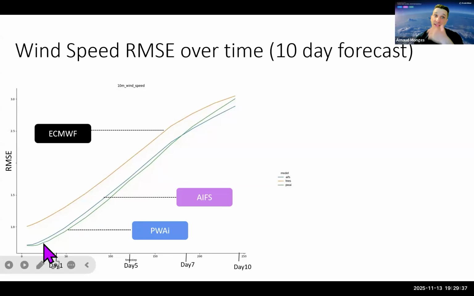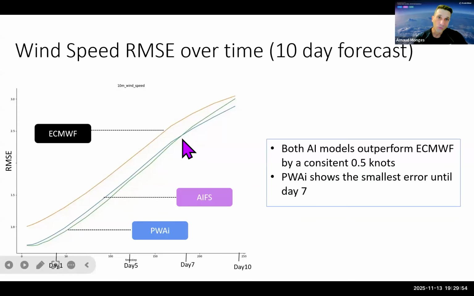So what we can find is those AI models, on average, all around the world, forecast the wind speed better. And if you look carefully, you will see also that the error of PWAi is slightly lower until day 7. This is one of the reasons why we are still working, because after day 7, AIFS is slightly better.